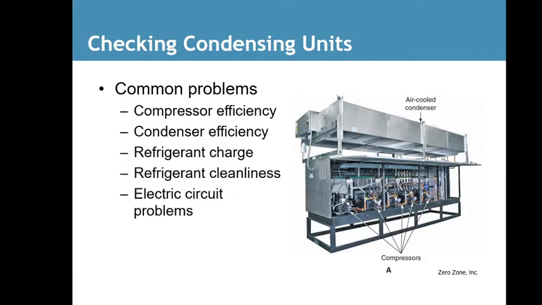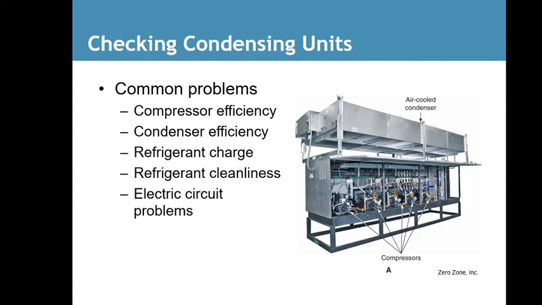Checking condensing units. Common problems: compressor efficiency, condenser efficiency, refrigerant charge, refrigerant cleanliness, electrical circuit problems. Some of the items you might check: put an amp meter on the compressor and make sure it is pulling the rated amps. You would like it to pull a little bit less than the rated amps, not more.